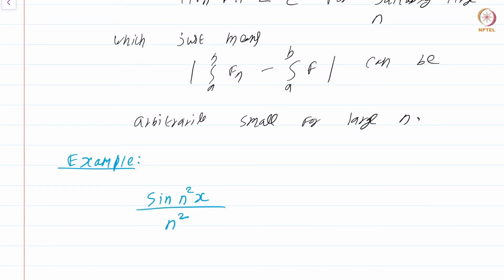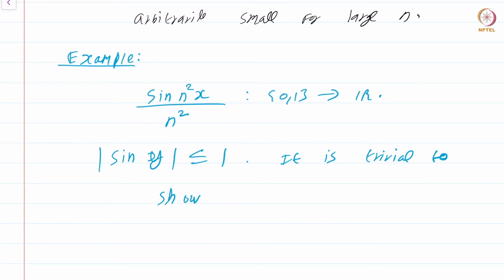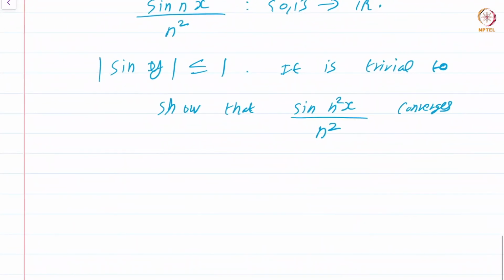For convenience, let me take it on the closed interval [0, 1] in R. Because the modulus of sine of anything, sin(y), is less than or equal to 1, it is trivial to show that sin(n squared x) by n squared converges uniformly to the 0 function, the constant function 0.